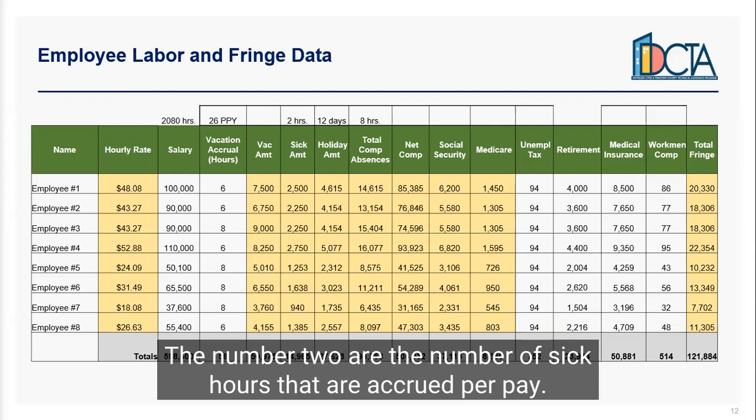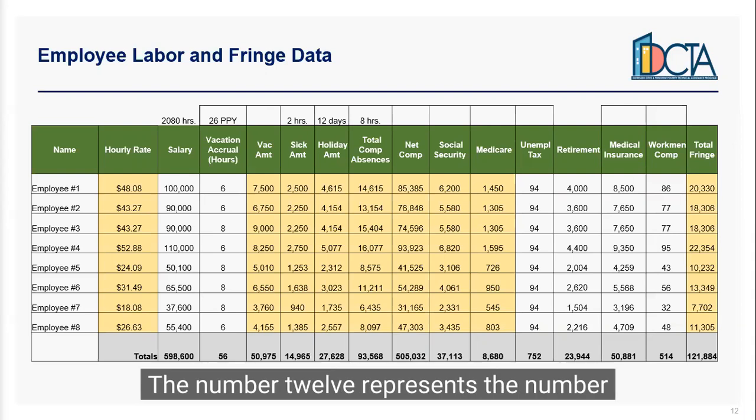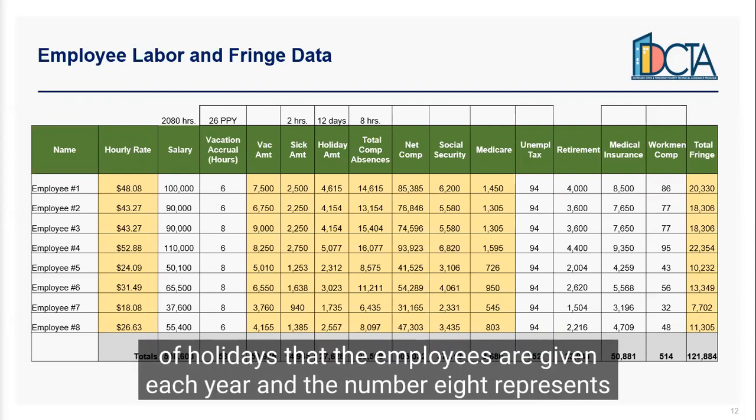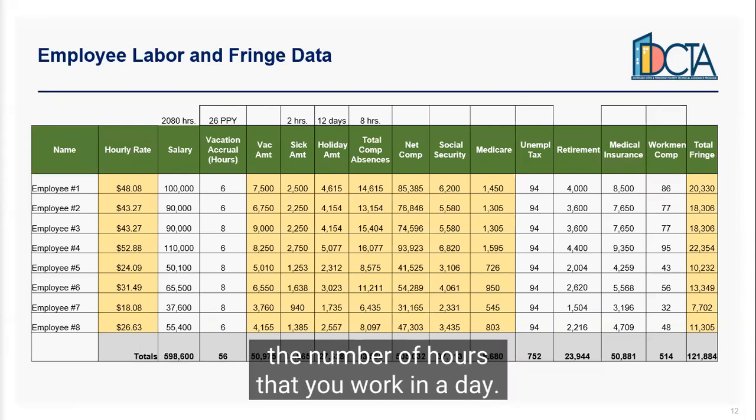The number 2 are the number of sick hours that are accrued per pay. The number 12 represents the number of holidays that the employees are given each year. And the number 8 represents the number of hours that you work in a day.